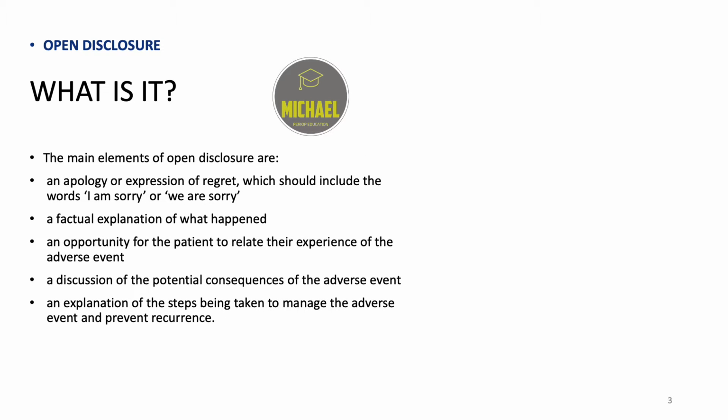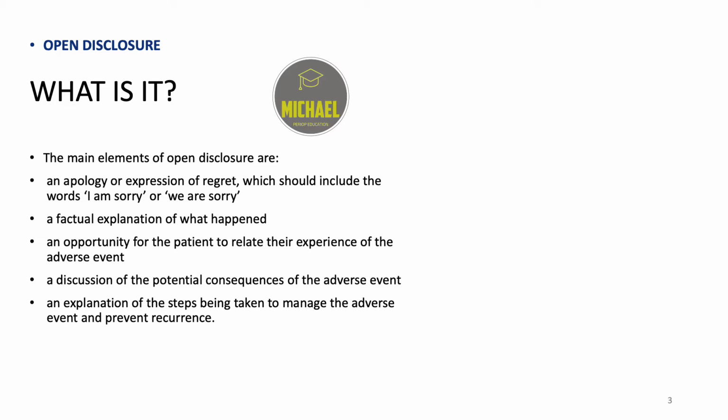So what are the main elements then of open disclosure? Well, an apology is made or an expression of regret. So whoever is doing this, whatever they prefer, an apology or an expression of regret. It should include words like I'm sorry or we are sorry. A factual explanation of what happened. So that's really important.